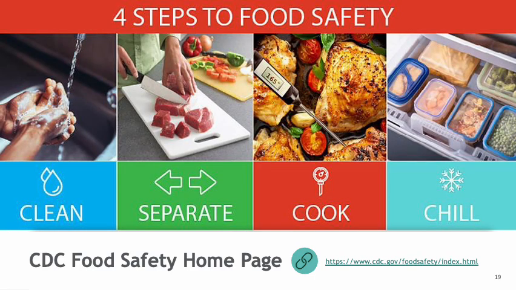Separate, so in food service mainly we have to separate the type of utensils or tools that we use to prepare different types of food. So meats are separated from vegetables. Cook is, as I mentioned before, cooking temperature is so important to prevent food safety issues. And chill is how we store our products, at what temperatures, and temperature control.